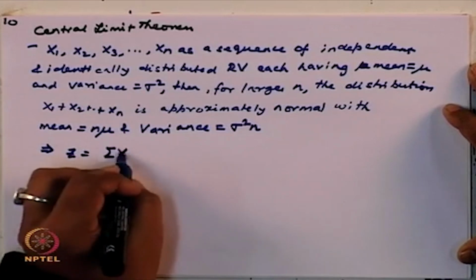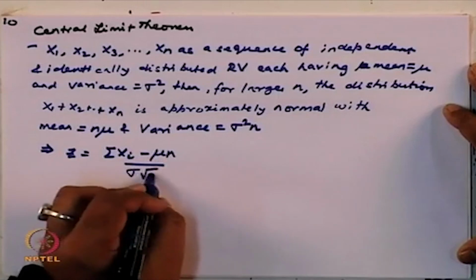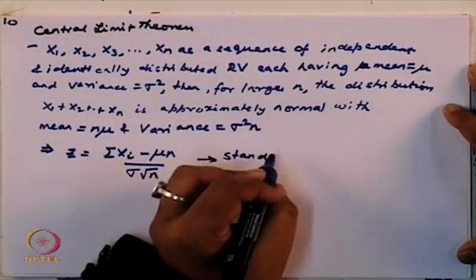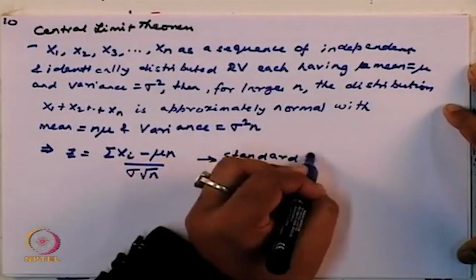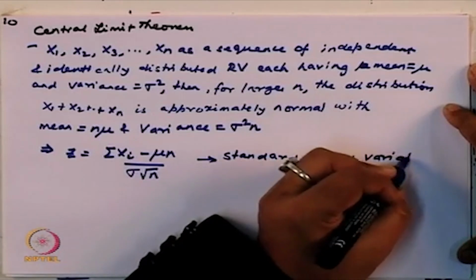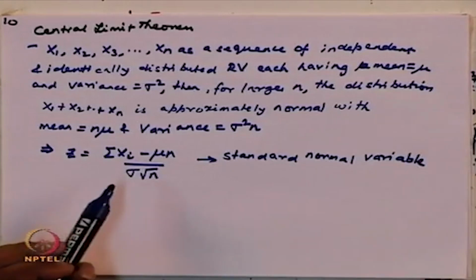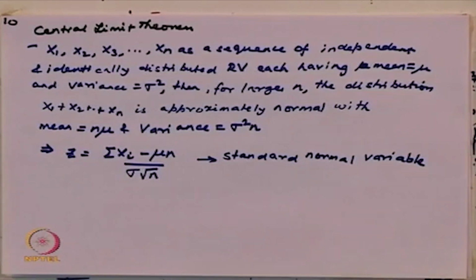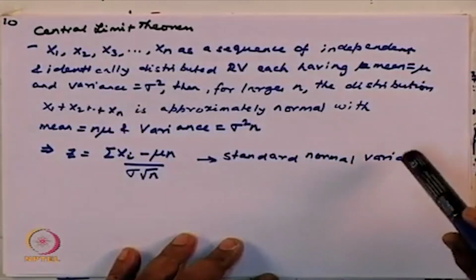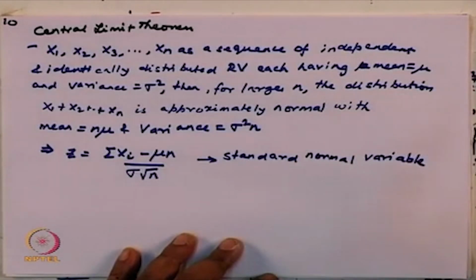So, this would mean that if I have the random variable z as summation xi minus n mu by sigma root n, then z would become a standard normal variable. Okay. If your individual xi are normal random variables by themselves, then this is always a normal random variable, independent of your choice of n.